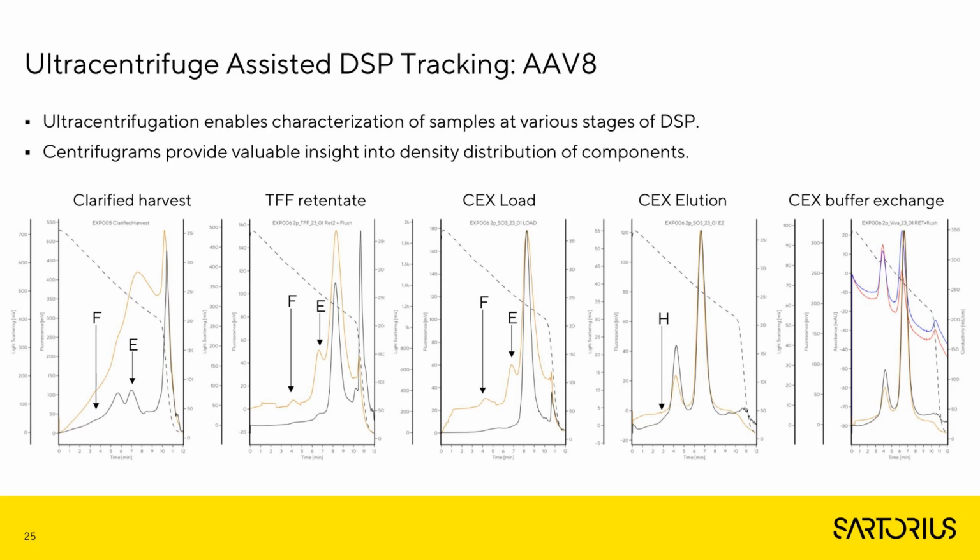So on the first centrifugogram on the far left, we see a lot of impurities, and we can barely see the virus.